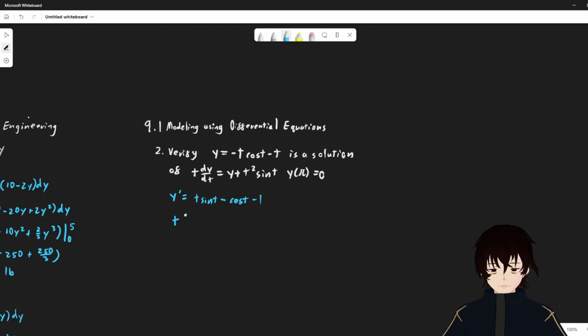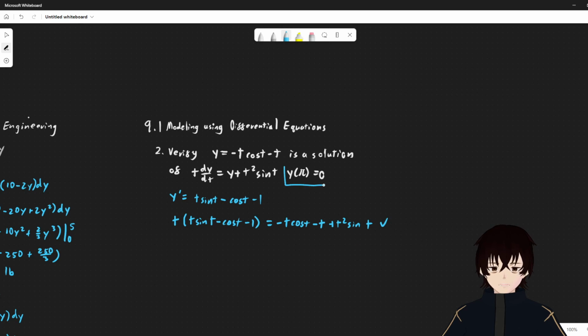So t times t sine t minus cosine t minus 1 is equal to negative t cosine t minus t plus t squared sine t. And that is true. If we multiply it out, that turns into the exact same thing.